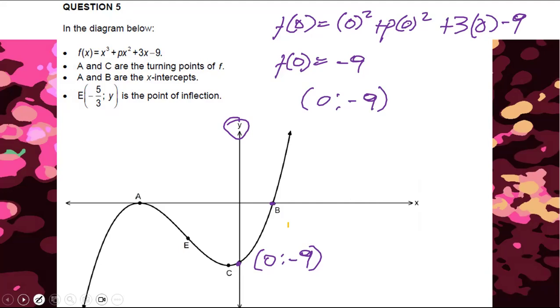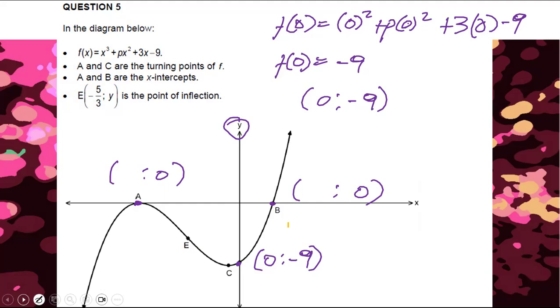Here we know that we don't know what x is, right? But what we know is that y is 0 because that is the x-intercept. This point, though, serves as the x-intercept as well as the turning point. We also know that the y-coordinate of the turning point at that point will be 0, and we need to find the x value, which will be negative.